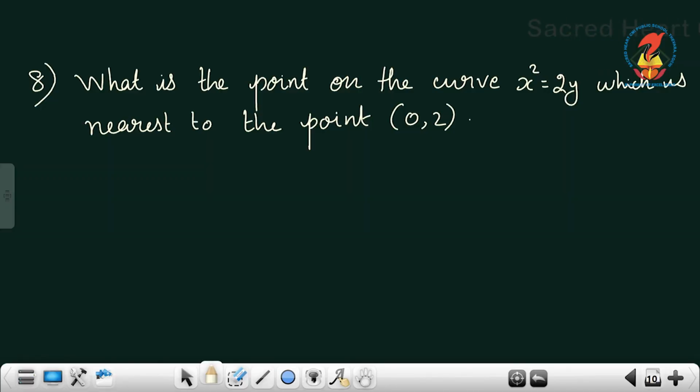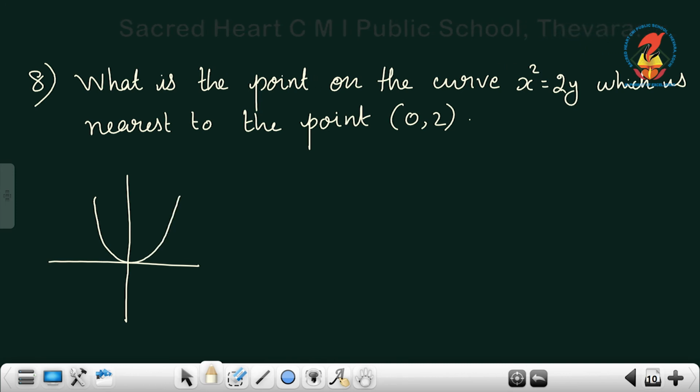The last one. What is the point on the curve x square equal to 2y, a parabola, which is nearest to the point 0, 5? So the equation of the curve is x square is equal to 2y.